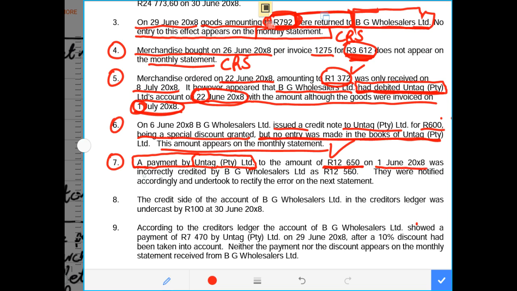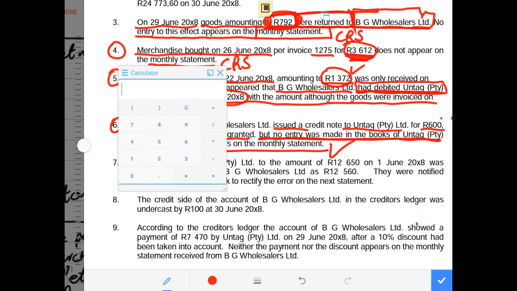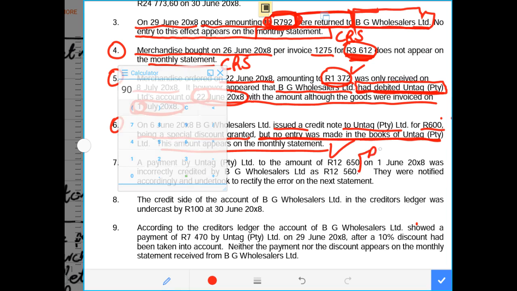2008 was incorrectly credited by BG Wholesalers Ltd as 12,560. So now let us check the difference between the two. We have 12,650 minus 12,560. So the difference is 90 rand. So these 90 rand are very, very common.